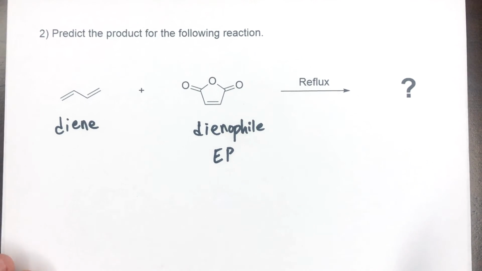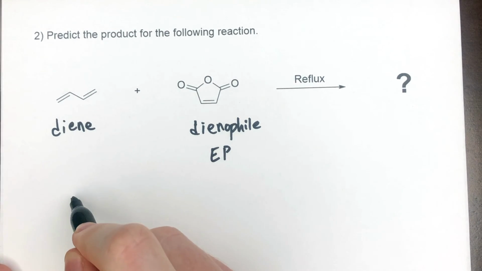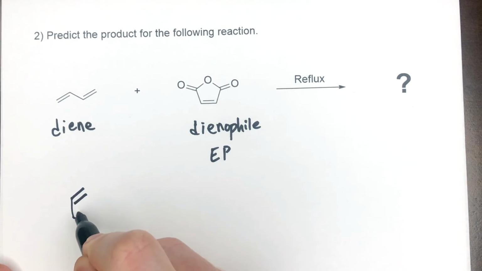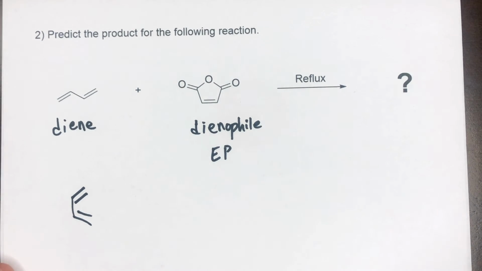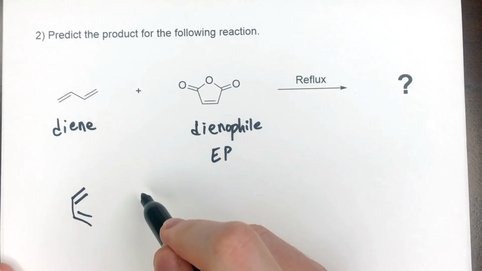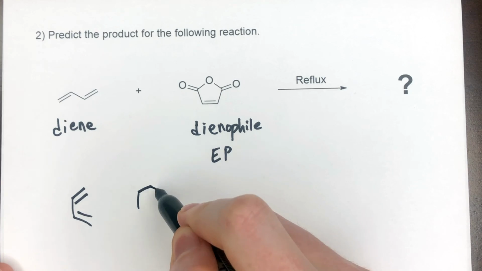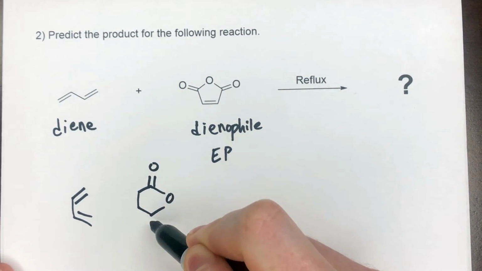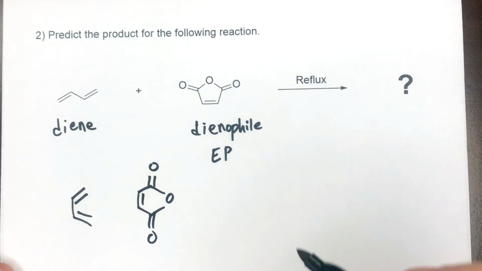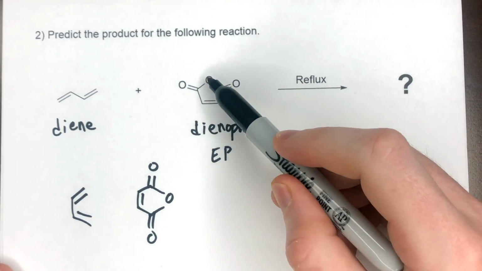All right, so then, just like before, we have to draw our diene in a way that is useful for forming a cyclohexene, which we know is a product of a Diels-Alder. So we draw it like this. And then we need to draw our dienophile also in a way that is useful for making a cyclohexene, which again is one of our products. All right, so there we get that. Again, just count your atoms here, 1, 2, 3, 4, 5.